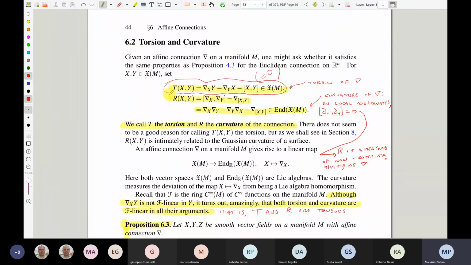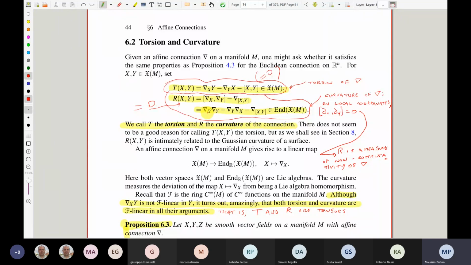And more important, you can define the curvature. And this is in general not 0. Okay, and a special theorem for a general manifold: this is 0, and being 0 means being 0 for several arguments.